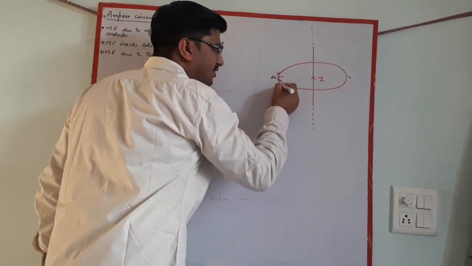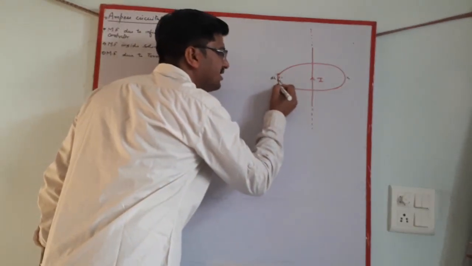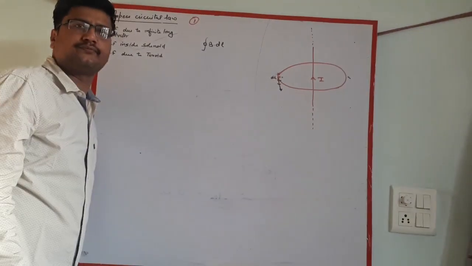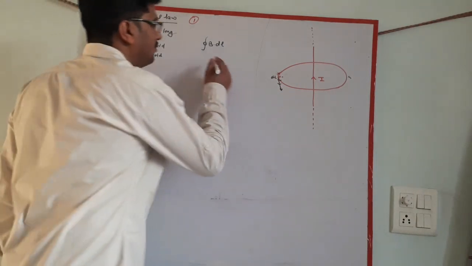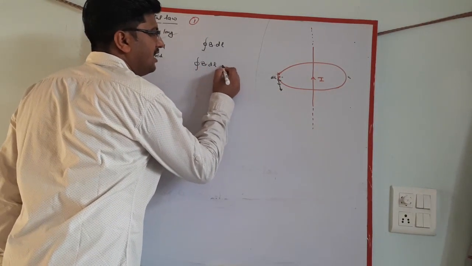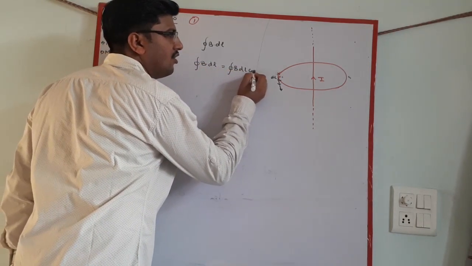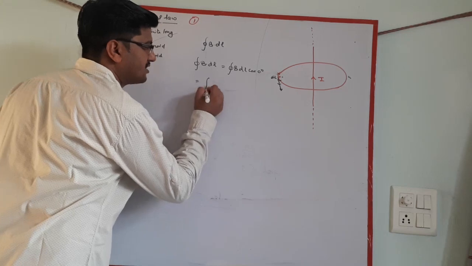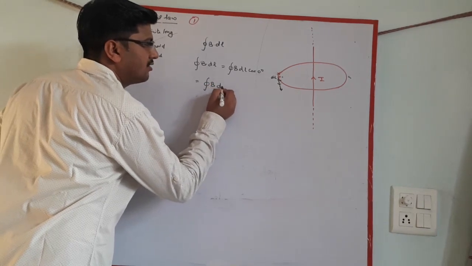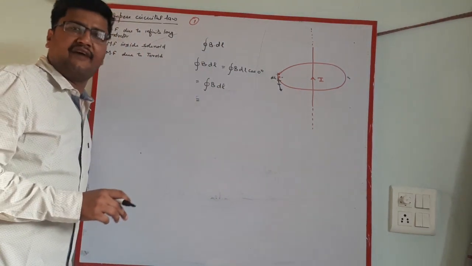So the length element also can be considered in this direction. So B dot dl is equal to B dl cos 0 degree, that means B dl, cos 0 is 1.